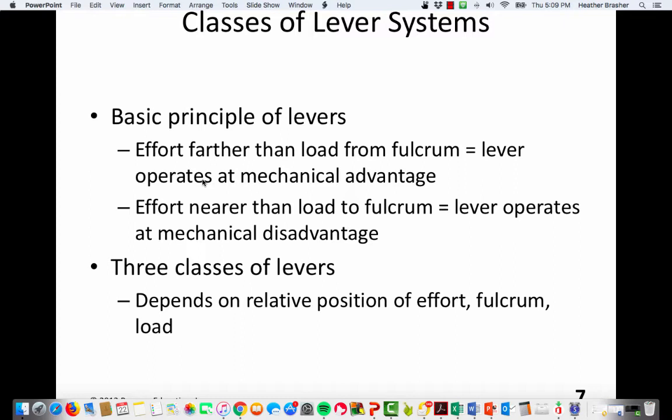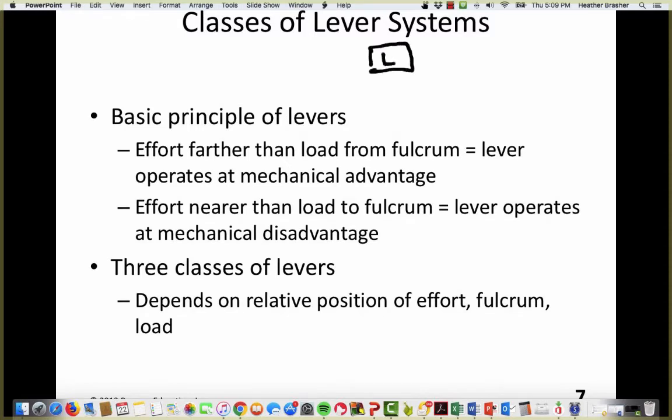So when we're looking at this, just remember, right at the top here, the load is going to be what we're trying to move. The fulcrum is going to be what we consider the fixed point.